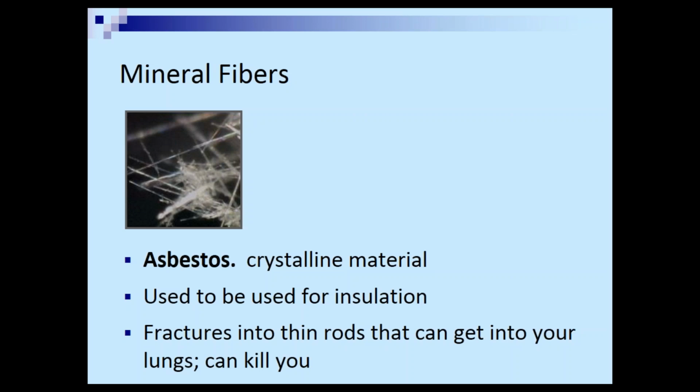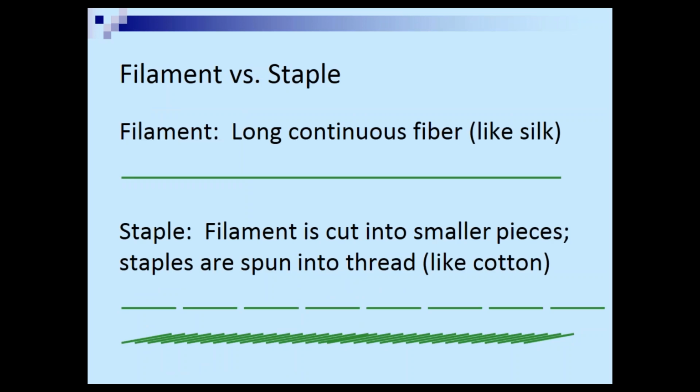But because they're such thin rods, they get into your lungs through the air, but then they get wedged in there and they get stuck. And when they get stuck, they cause irritation, and your body reacts to them in the wrong way. This can lead to inflammation and eventually lead to cancer in the lungs. And so that's why asbestos is bad, and you shouldn't breathe it in, because it gets stuck in your lungs and causes cancer and kills you.